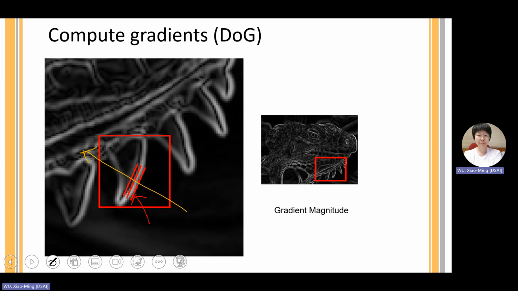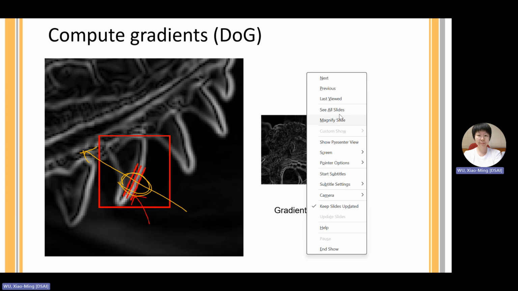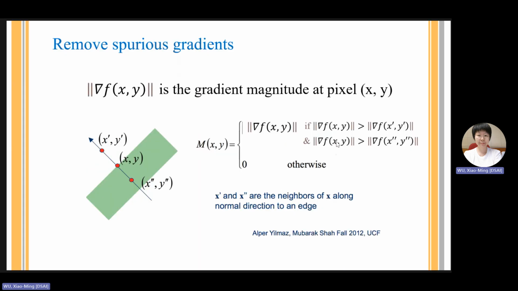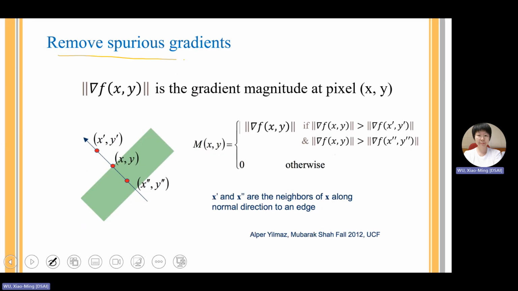There are 3 edges here because they all have large gradient values. So in non-maximum suppression, we want to remove spurious gradients, redundant gradients. Let's say if this one is the highest among the 3 gradients, we keep it.